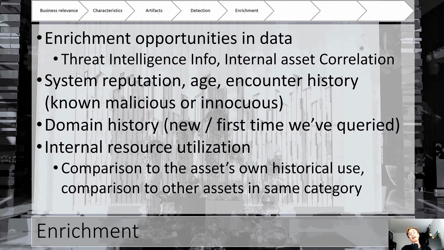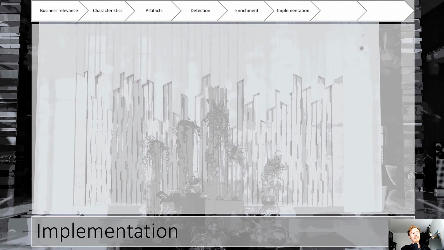I can look at the particular system's own history that I've collected. I can also use that particular system and compare it via a category of systems and see if it's an outlier based on various attributes of the data that I'm investigating. And this enrichment becomes an opportunity for me to, again, make a differentiation about whether this is okay or not.